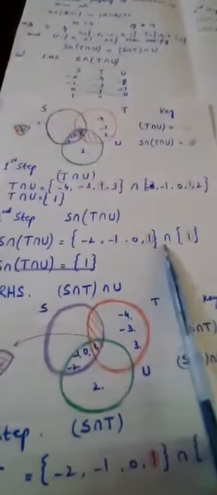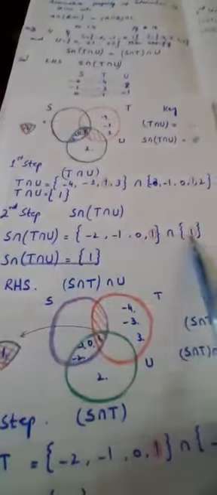For the second step we will also take the intersection of S, so it will be written S intersection (T intersection U). We will write set S first and then the T intersection U set here, and among these two sets we have only 1 which is common, so this will be the answer.